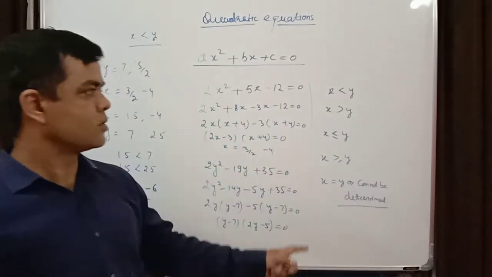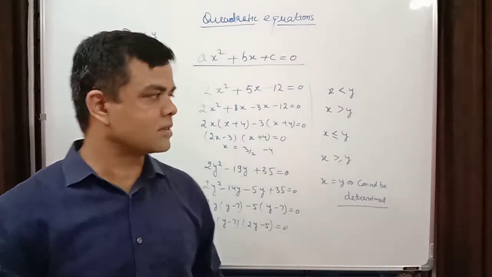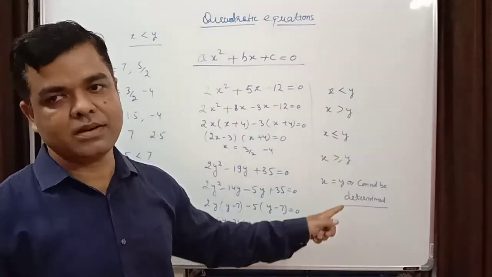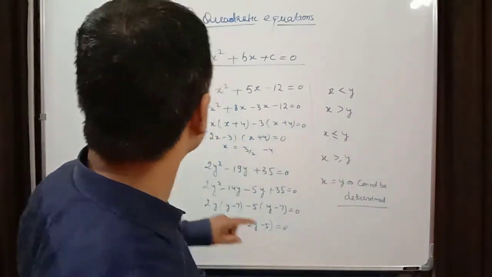So these 5 conditions will be there, and the answer will ask whether A is correct, whether B, C, D, or E is correct. Only these 5 conditions will be possible.